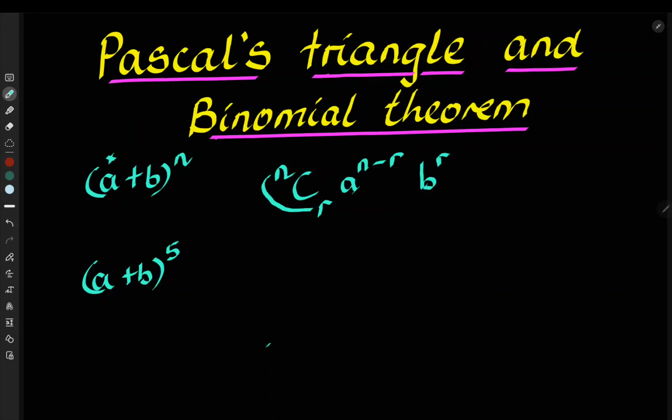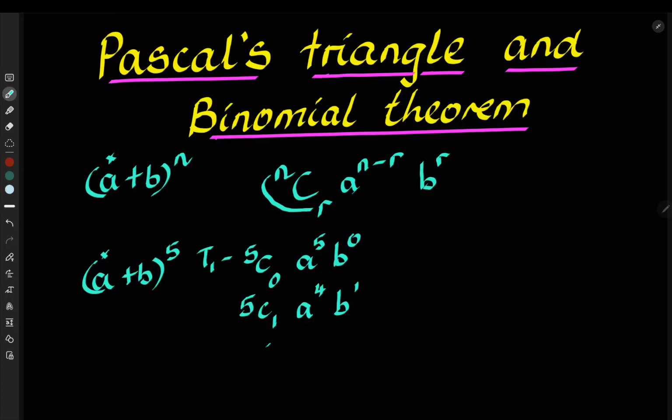So the first term will be 5 choose 0, then a to the power n minus r, so that will be a to the power 5, then b to the power r, in this case 0. That is the first term. Then the second term will be 5 choose 1, then a to the power 5 minus 1, which will give you 4, then b to the power r, which will be 1. So that is term number 2.